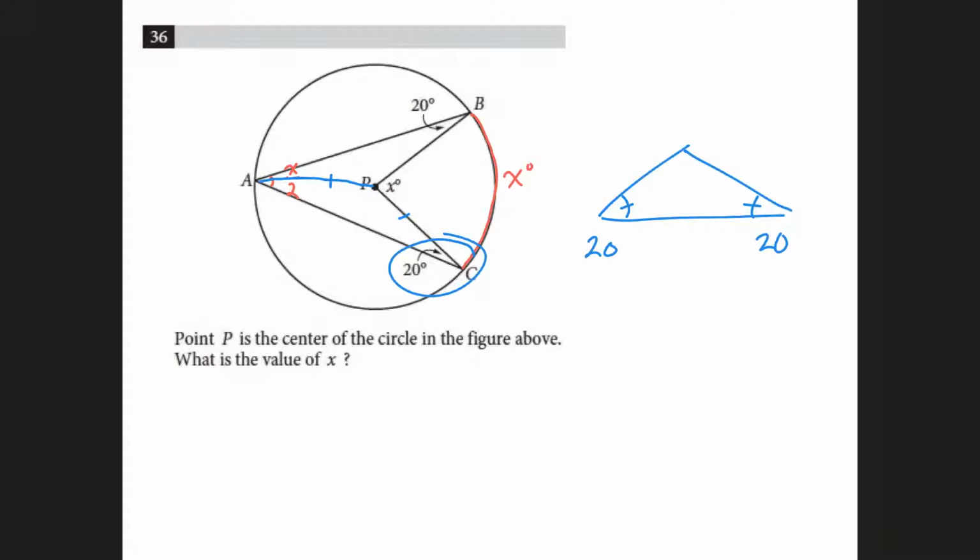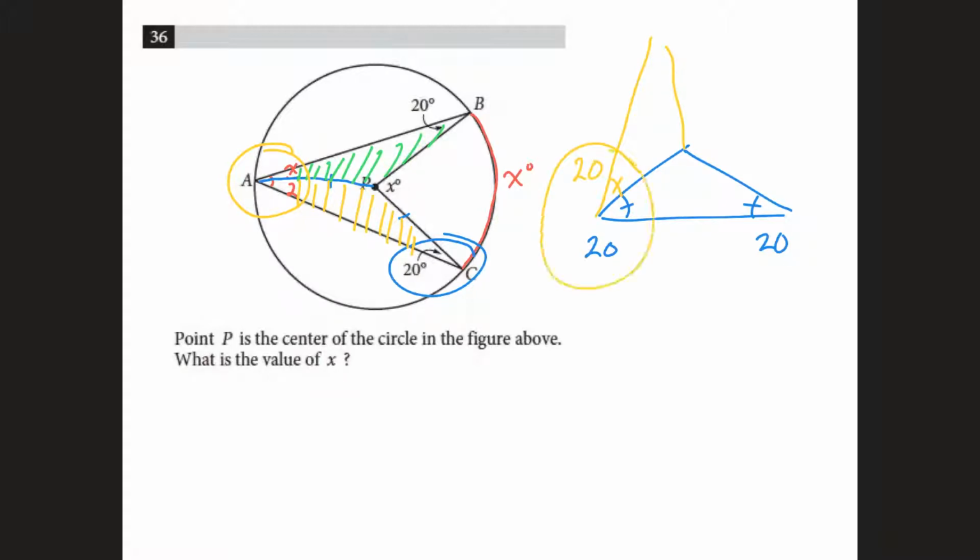Okay, so these two triangles above and below here, this triangle and this triangle below, are going to have the same base angles of 20 and 20. Then I know that if I zoom into this piece right here, it's going to be two angles that are both 20 degrees.